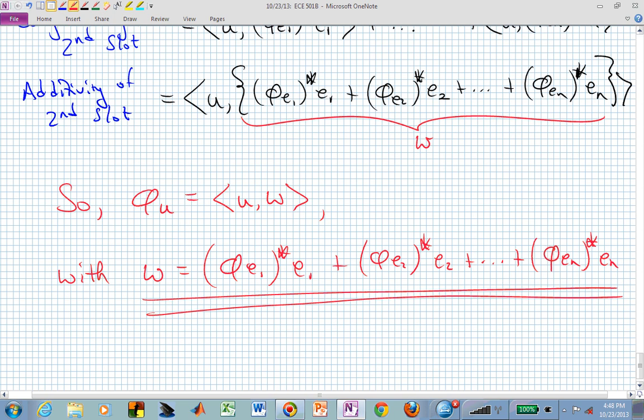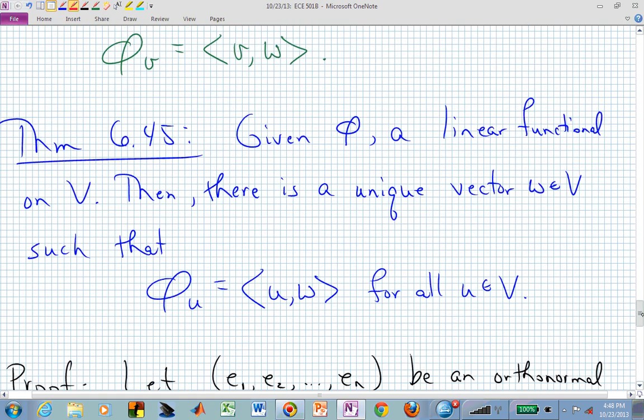What has this done? This shows us that a W actually exists. What did our theorem say? Our theorem didn't say just exists, did it? It says there is a unique vector. So we've shown that a vector W exists so far in our proof. Now we need to show that that vector W is a unique vector. And the way that we sometimes do that is we say, oh, suppose it's W1, suppose it's W2, and then we'll show that W1 has to equal W2.